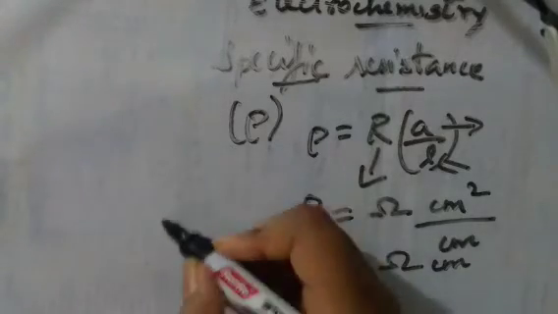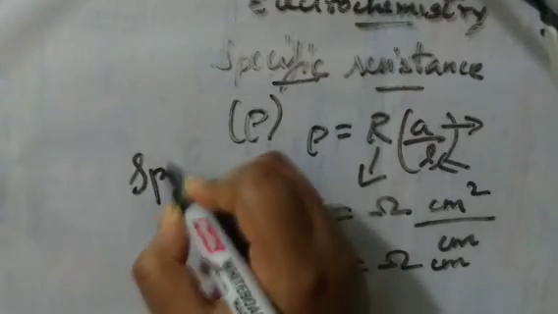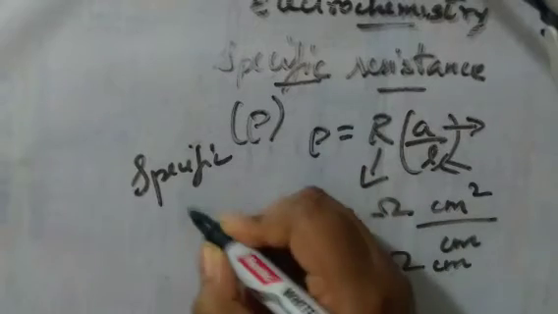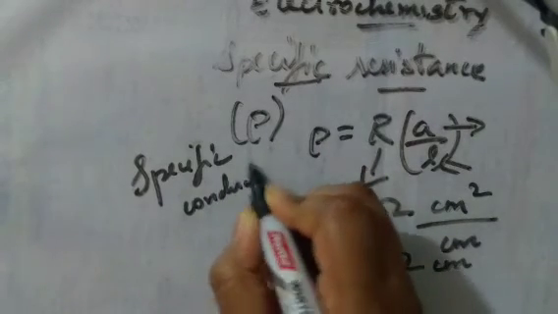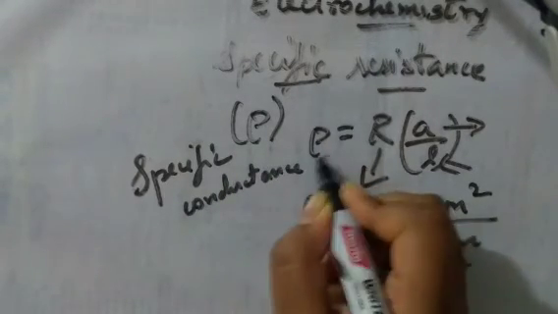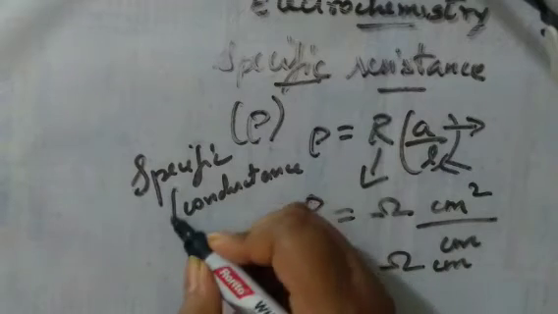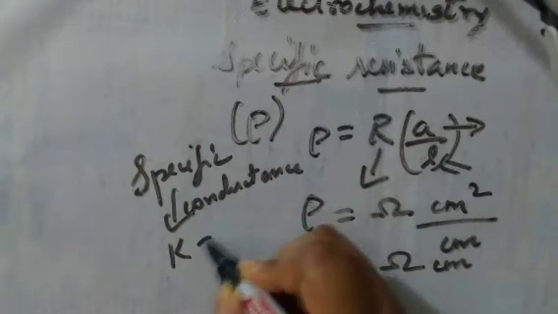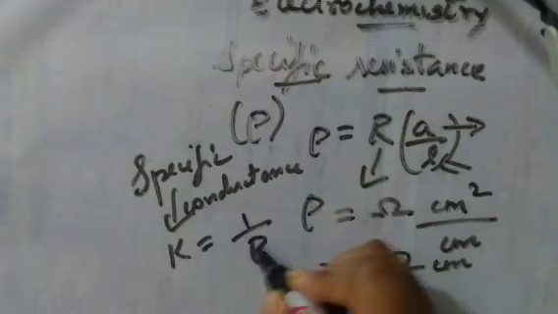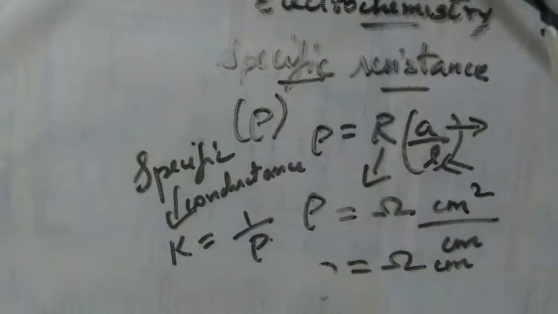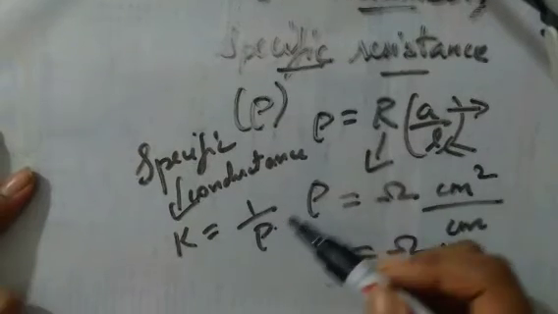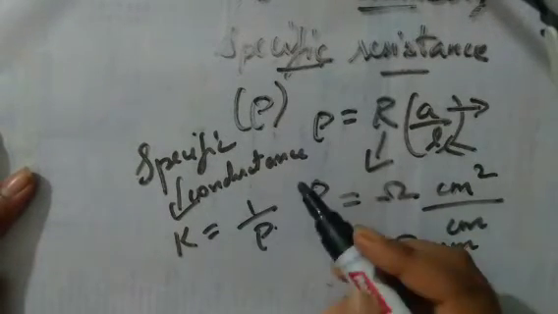So if you want to know specific conductance, it is just the reciprocal of specific resistance. Specific conductance is denoted by the letter kappa, and that is 1 by rho. Now we'll find the unit of specific conductance.